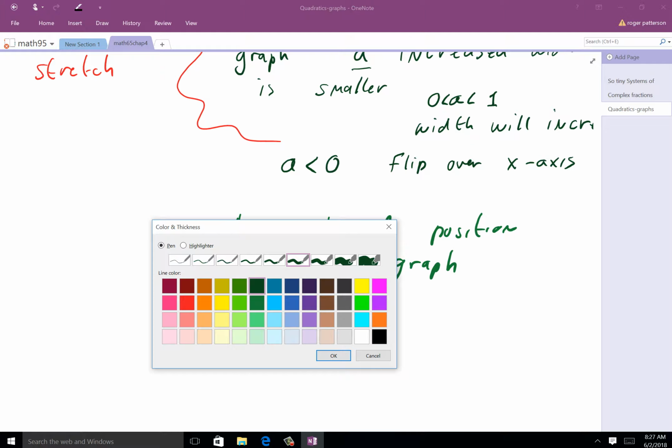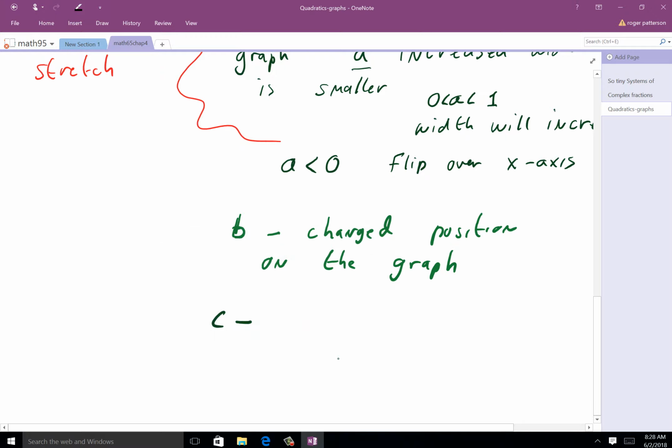C we did get a pretty good feel for. Do you remember what C did? Moves the graph vertically. Yeah, moves the parabola vertically. And then I'm going to put down here that was the y-intercept.